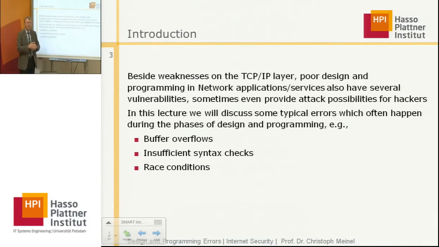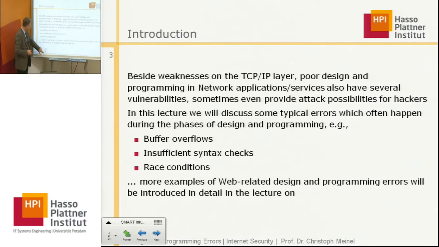And at the end, I want to introduce so-called race conditions, attacks that are possible if in the right moment an attacker comes in with a certain command so that he can perform some programs with root rights. There are more examples, particularly programming errors concerning the World Wide Web.